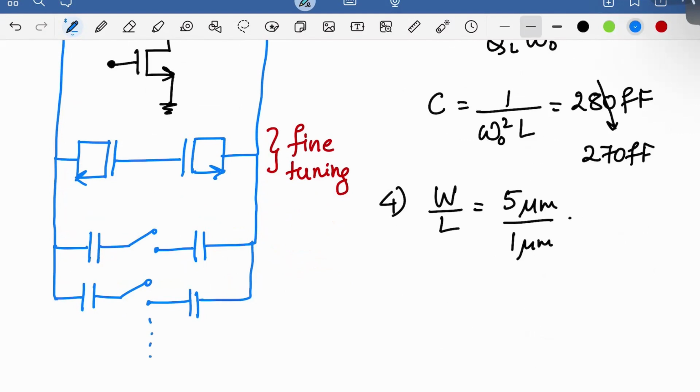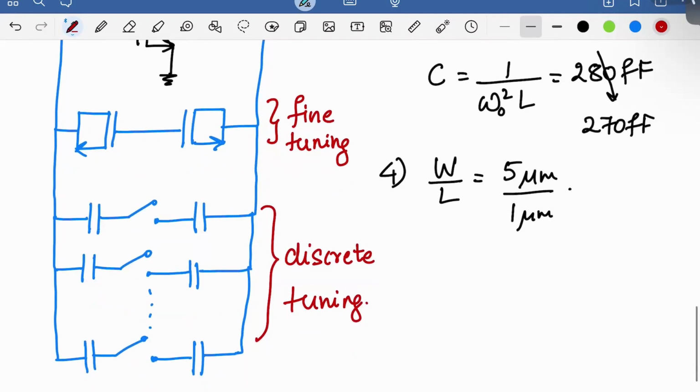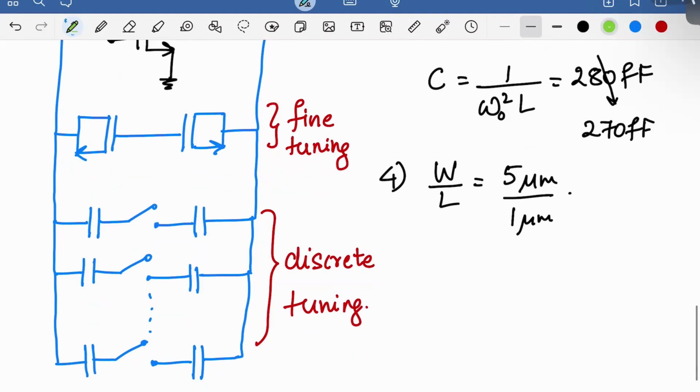We'll add a bunch of them to give us a wide variety of tuning voltages. Okay, so this is for discrete tuning.